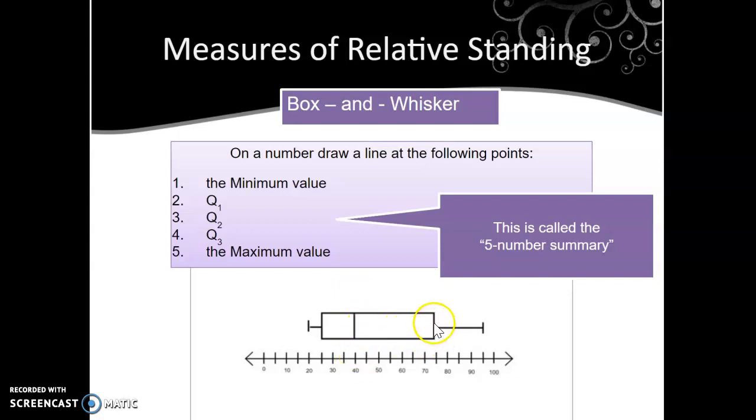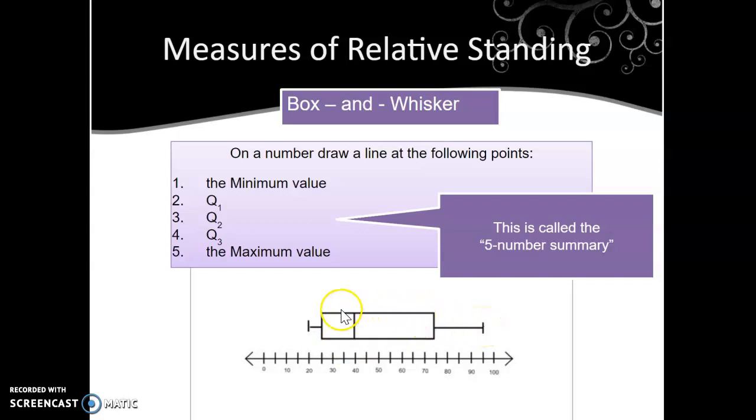The end of the box on the right-hand side represents quartile 3, and the farthest whisker, if you will, on the right-hand side represents the maximum value. So minimum value, quartile 1, quartile 2, or the mean, quartile 3, and then the maximum value.